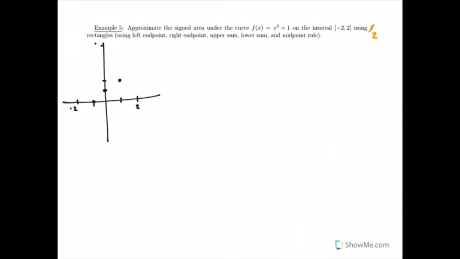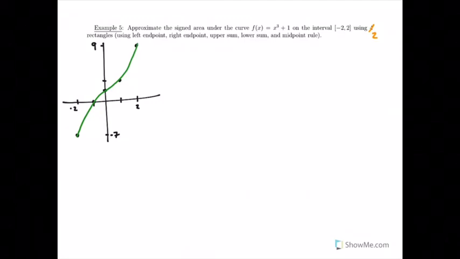If we plug in 2, we're going to get a value of 9. And -2 cubed is -8 plus 1 to give us a -7. Connecting those dots, we have a nice curvy x cubed kind of function moved up 1 unit.